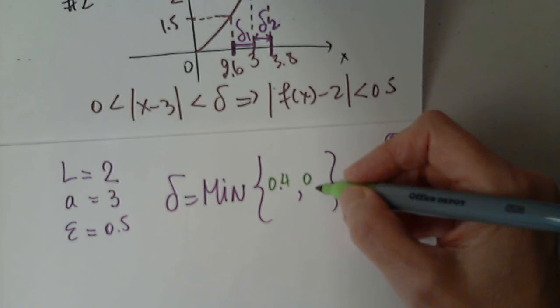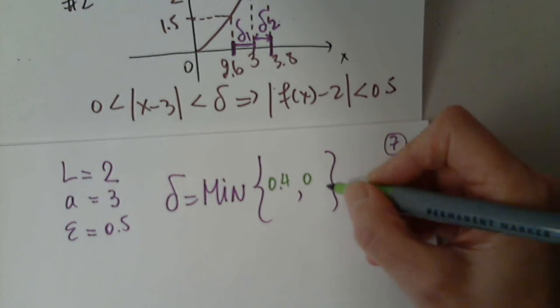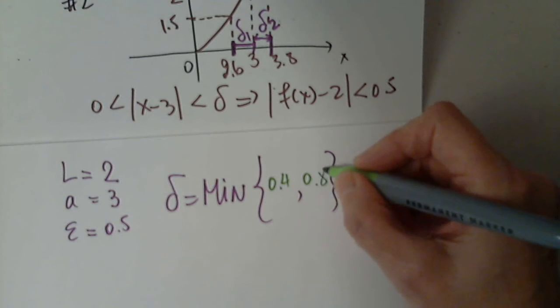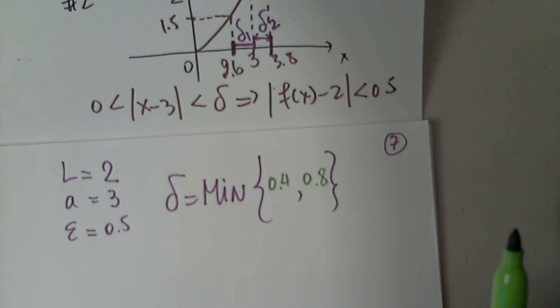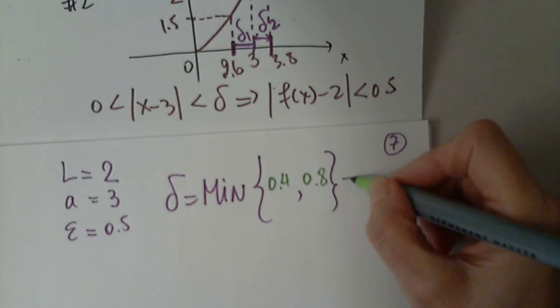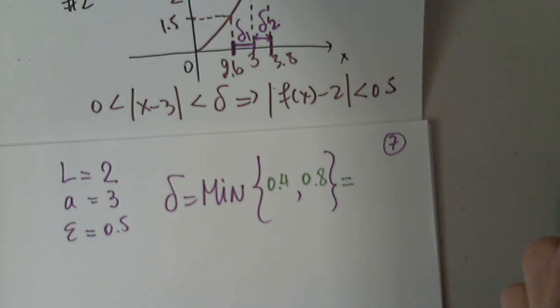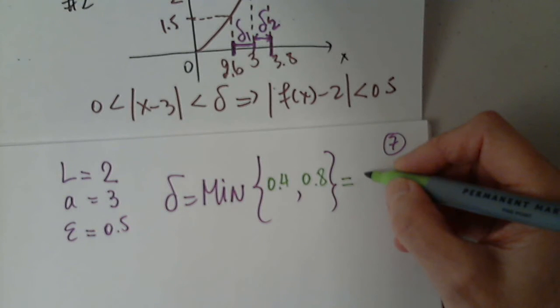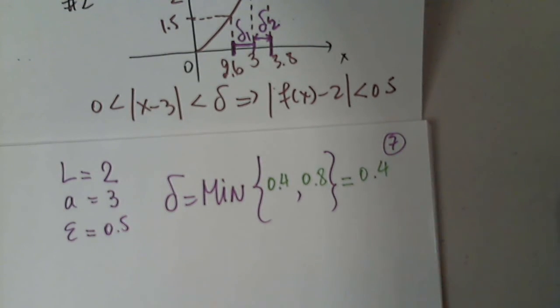Anyone? What is the other one? 1.8. Very good. And we know what happens. We know which one we have to pick and what the answer is. 0.4. That's it.